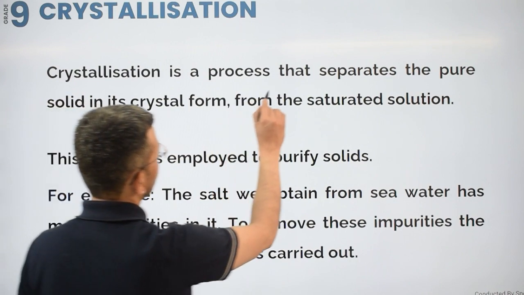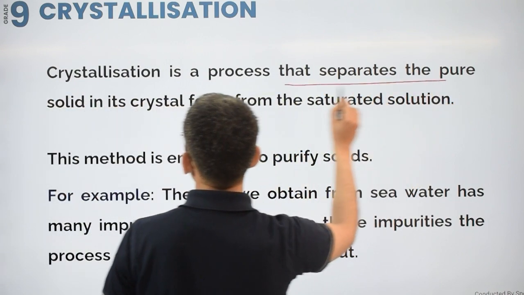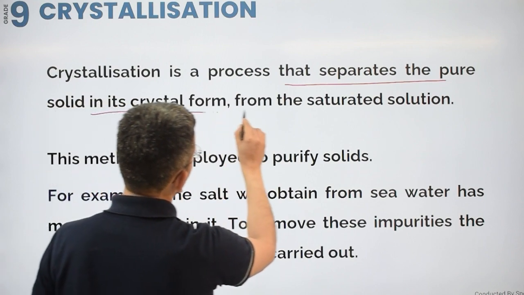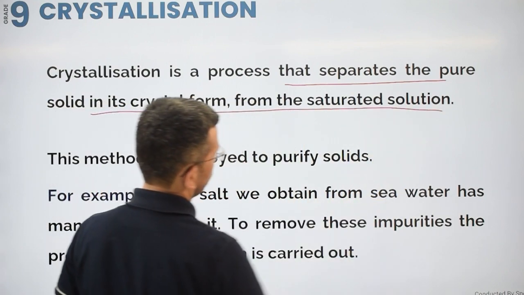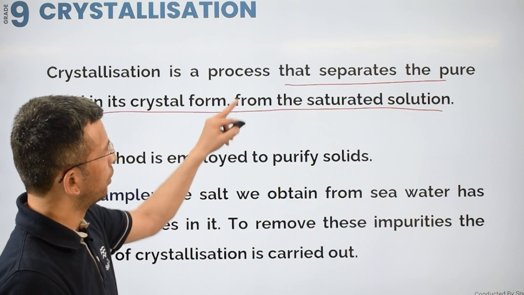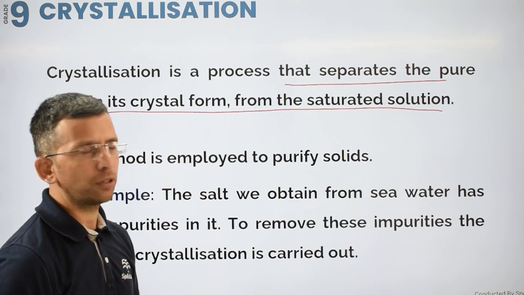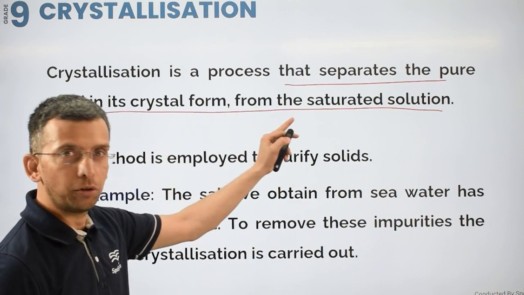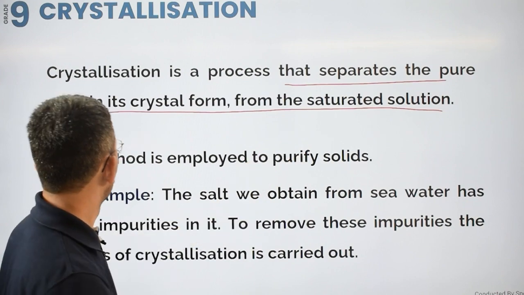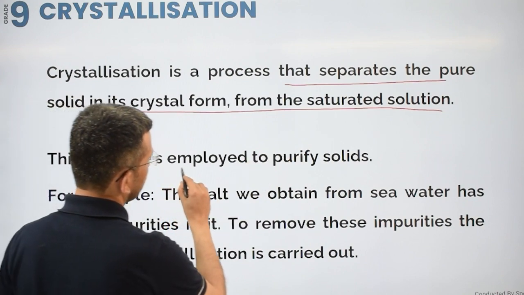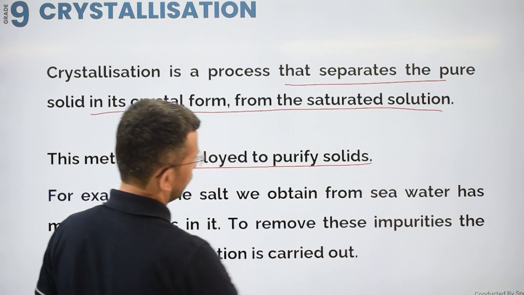Crystallization is the process that separates the pure solid in its crystal form from the saturated solution. Here I can get the pure substance if I have the saturated solution of it. So this method is employed to purify solids also.